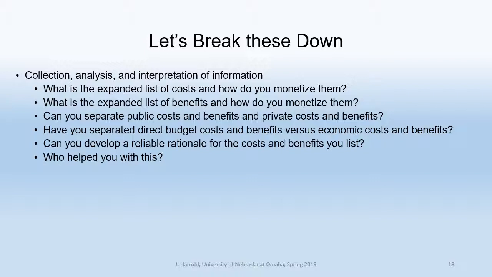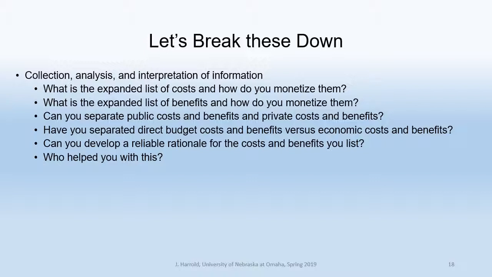And in this step, in a public project, I would say this is where it's really important that you start separating budget costs and benefits versus economic costs and benefits. That's really going to be important in the future, right? Because both those things are important in the public sector, but they have to both be understood.